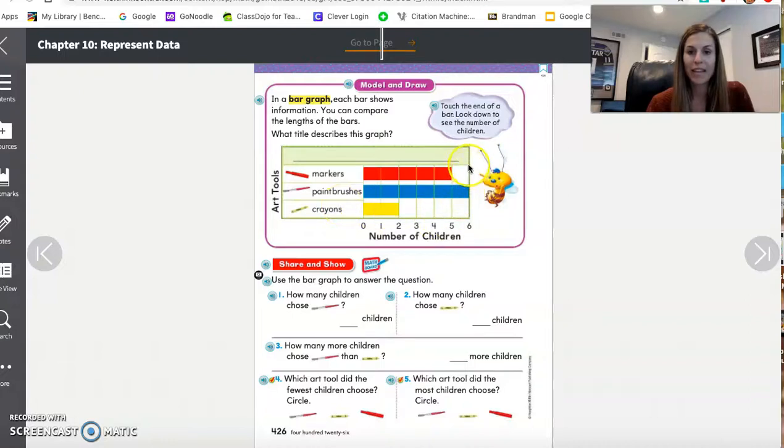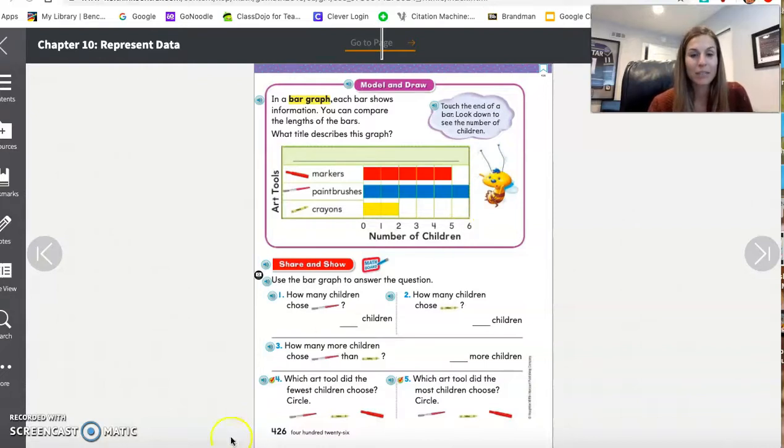If I go to the end of the bar and move it down, that helps me read this graph. So let's go ahead and move on to our questions. Now, Mrs. Kaufman is not going to be writing in this page. You are going to follow along and you are going to write in your books, okay?